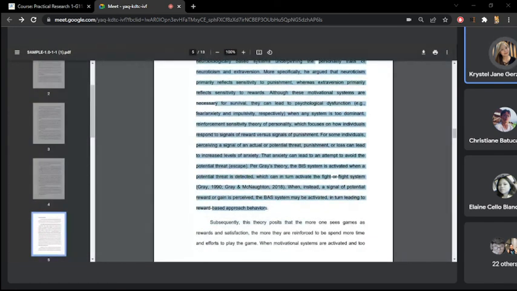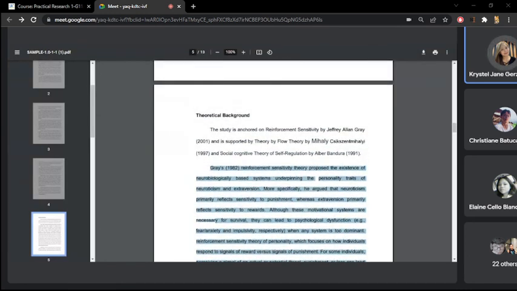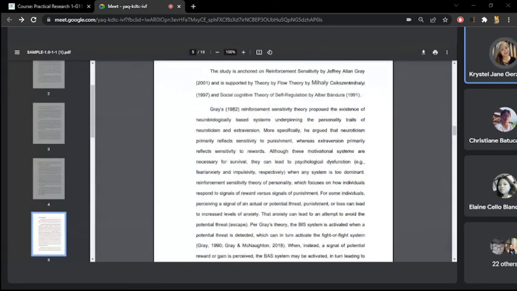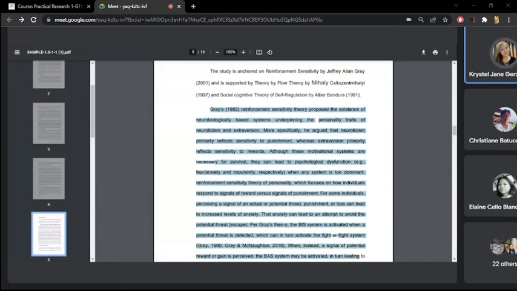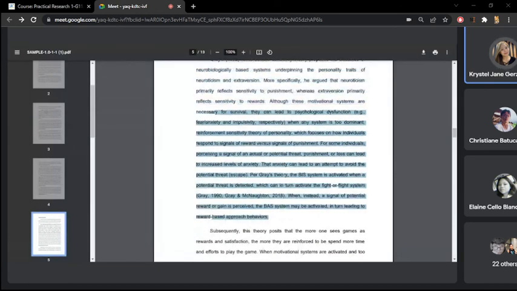You really have to be patient in reading and understanding a lot of articles and periodicals to decide which theory or theories are best for your study. So here, it first discussed the reinforcement sensitivity theory without yet discussing online games.